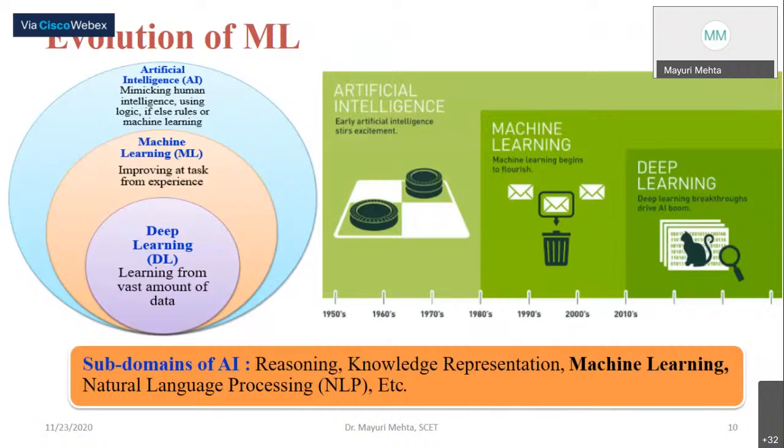Suppose you might be using an intelligent home assistant like Google Home or Amazon's Alexa, but they are also using machine learning. And these are not the only examples of machine learning, there are much more complex examples of machine learning in real life, right? Okay, so this is about machine learning.